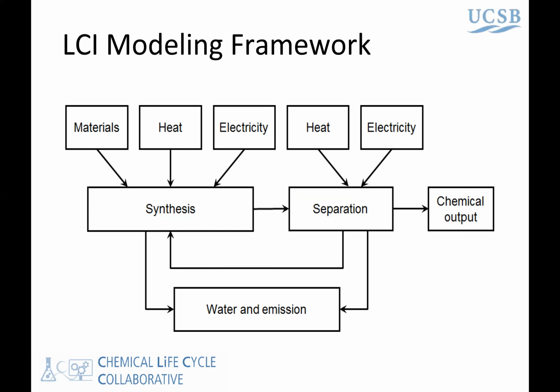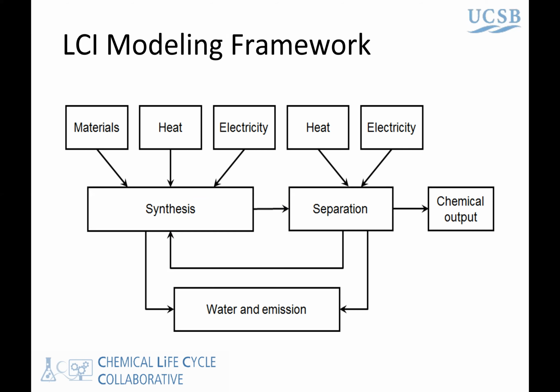But for the separation process, we don't have any raw material anymore. The only purpose of separation is that the mixture after this reactor will go into the separator. And the purpose of separation is to divide the mixed chemicals after the reaction. In this mixture, we have part of the desired products as well as some unreacted raw materials and some byproducts and co-products.